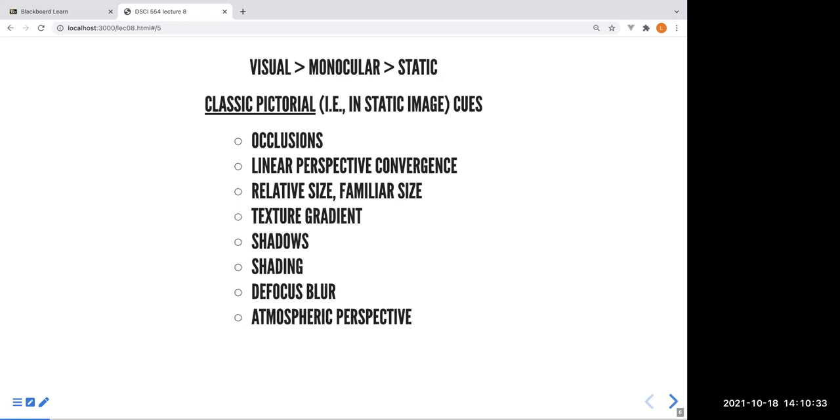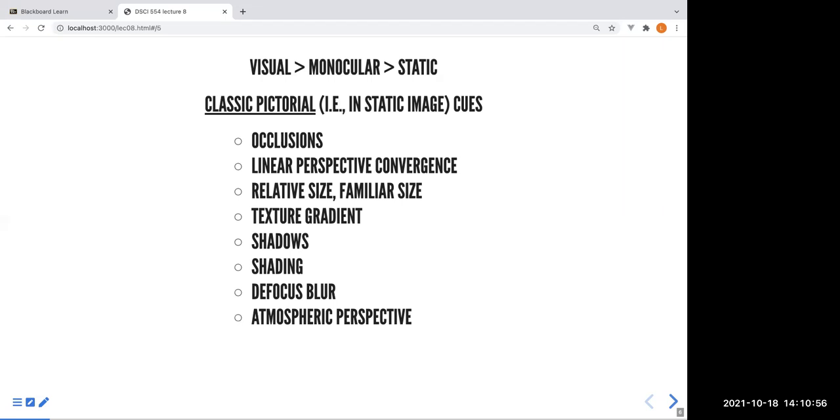So the big category here is what is called the pictorial cues. So pictorial just means static images, and that's what we're mostly interested in as long as we're thinking about traditional charts.